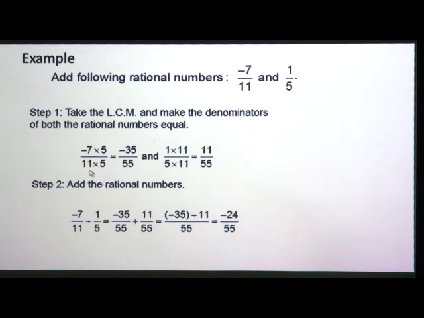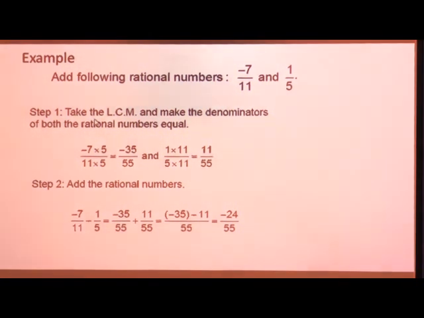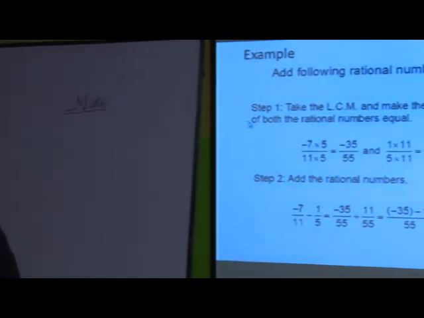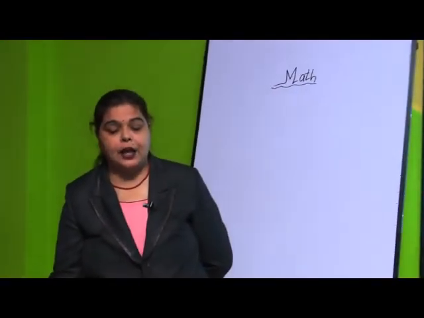We will see an example here. Add the following rational numbers, that is minus 7 upon 11 and 1 upon 5. Step by step we will go. Take the LCM and make the denominators of both the rational numbers equal.